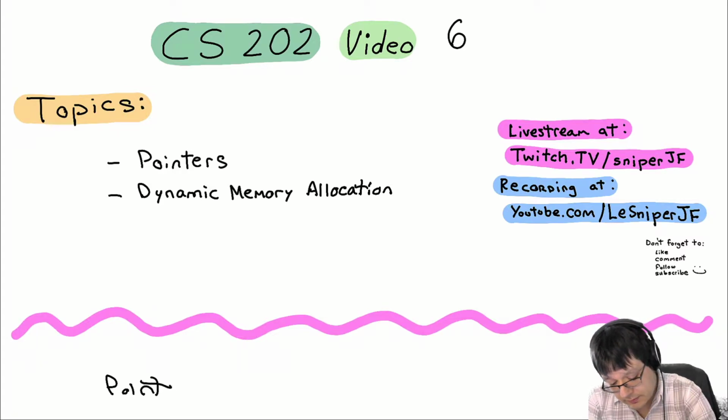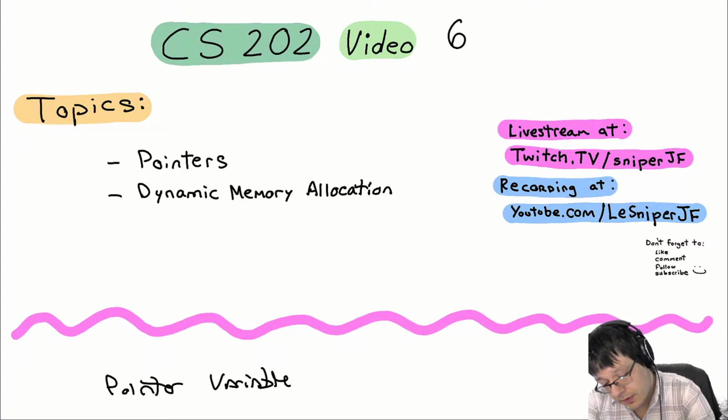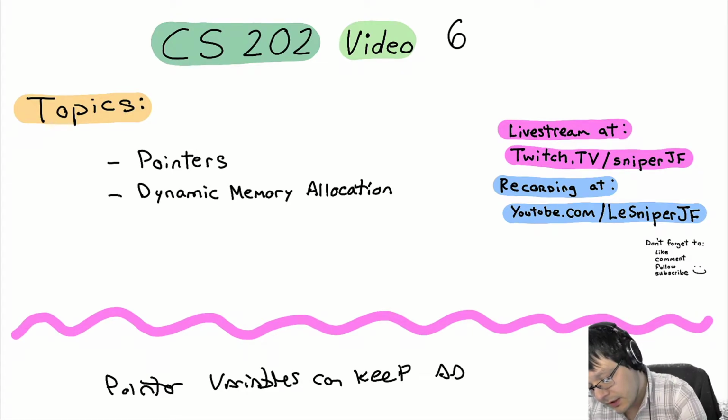So pointer variables can keep addresses, and these addresses are in hexadecimal code.